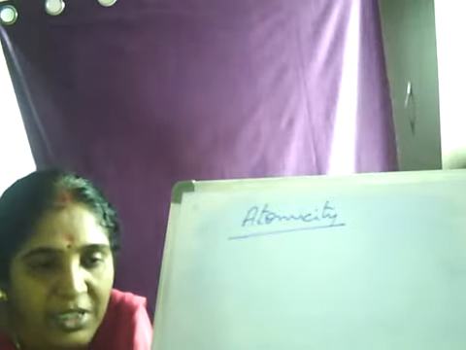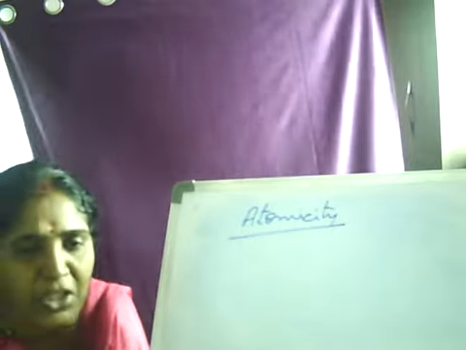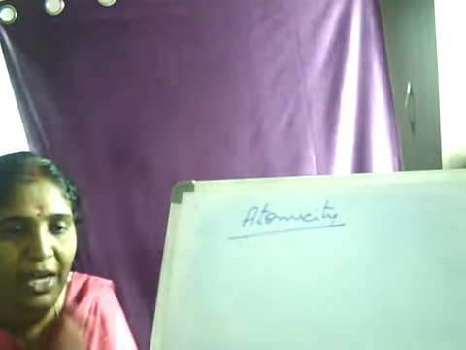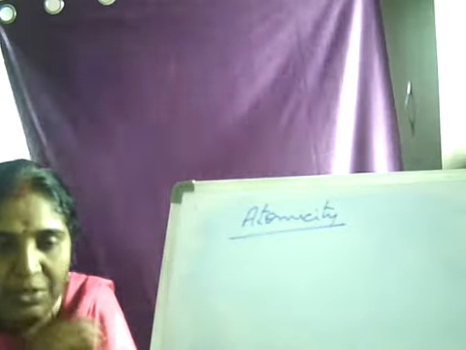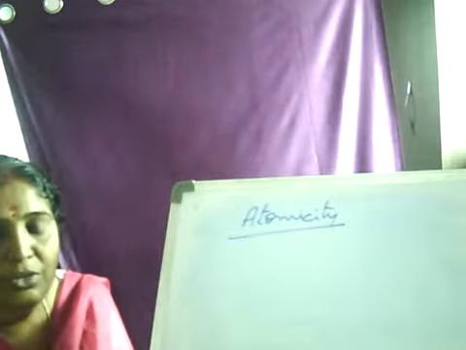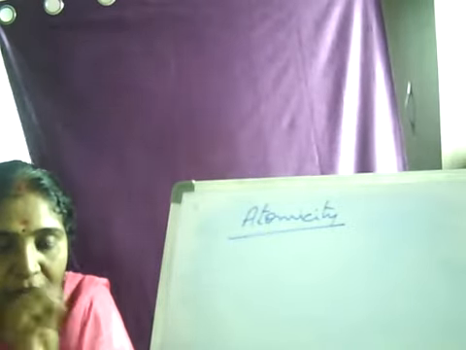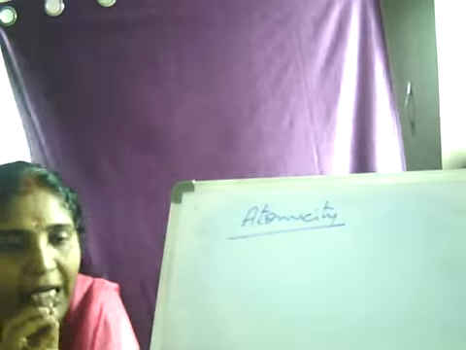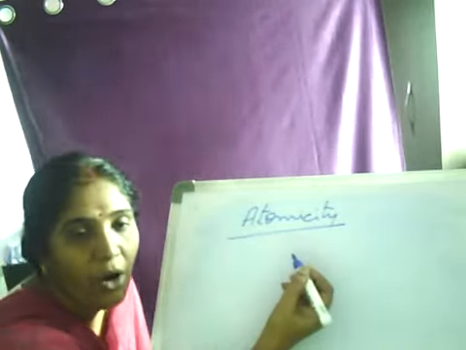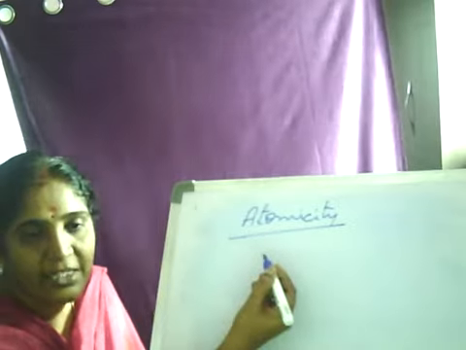That is what is atomicity. The number of atoms. It may be 1, it may be 2, it may be 3, it may be 4, it may be 5. So the number of atoms which is present in that element is written on the right side as a subscript.